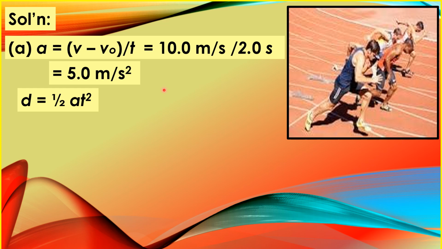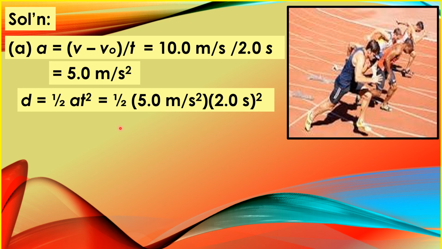And then, using the formula d is equal to 1 half a t squared, that will lead us to the distance run by the sprinter, starting from rest until he reaches his maximum speed of 10.0 meters per second. So d is equal to 1 half the acceleration multiplied by the square of the time.